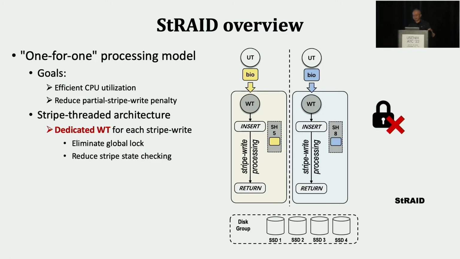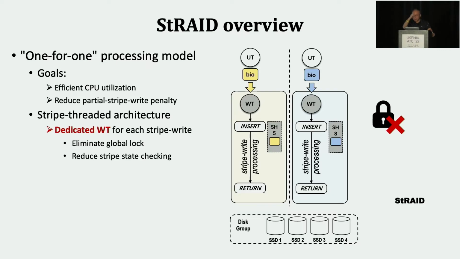Compared to MD, StRAID removes the centralized stripe head lists and their corresponding concurrent operations, thus reducing the lock contention among multiple threads. Furthermore, StRAID minimizes the number of shared stripe-related states and global states checking among worker threads.